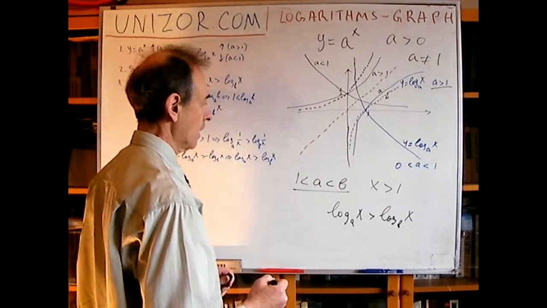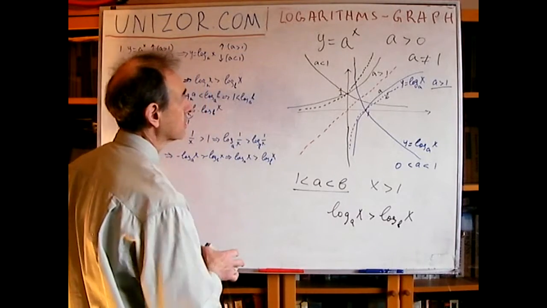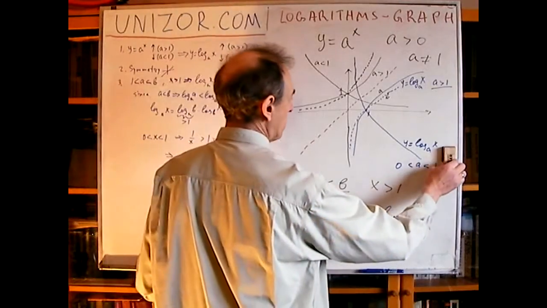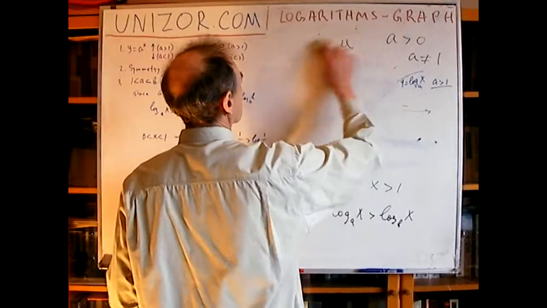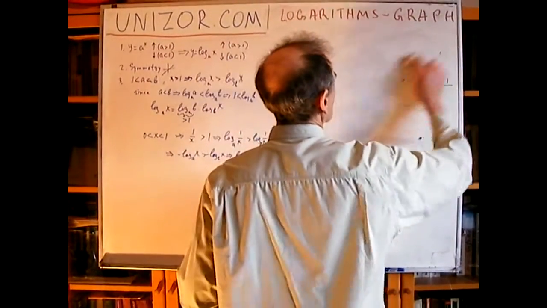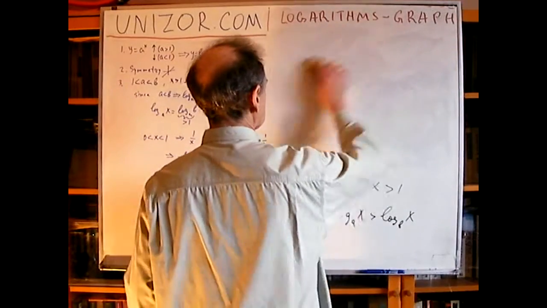Here is how. One of the properties of the logarithmic function, and allow me to wipe out this, because we don't really need this graph anymore. We have already drawn it. Now we are algebraically trying to research it.